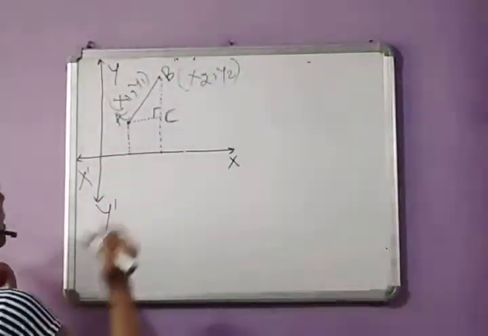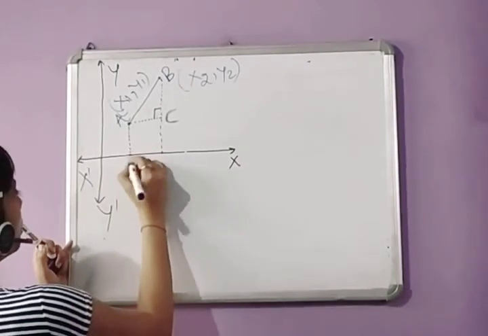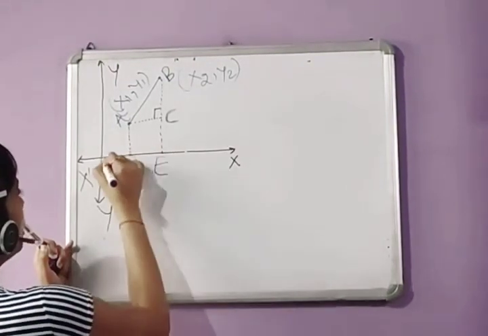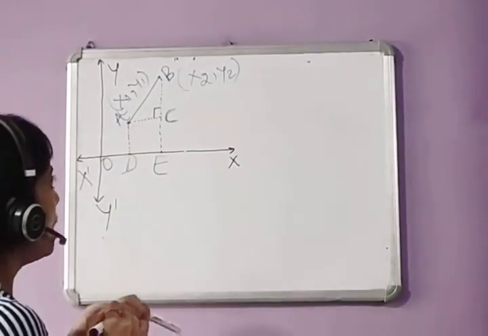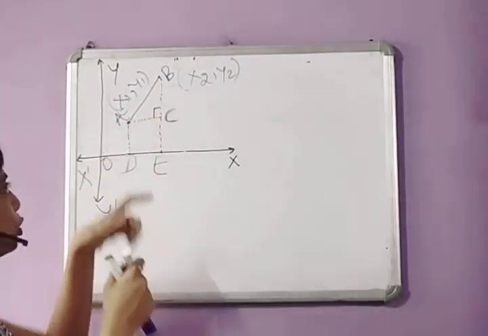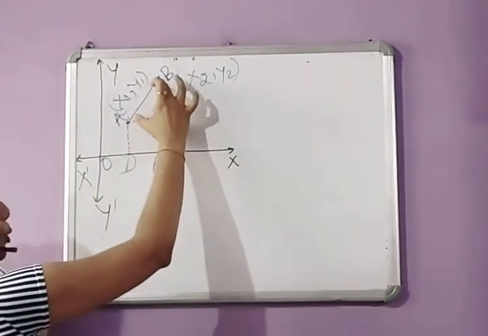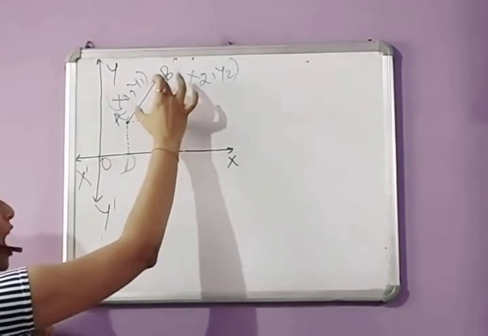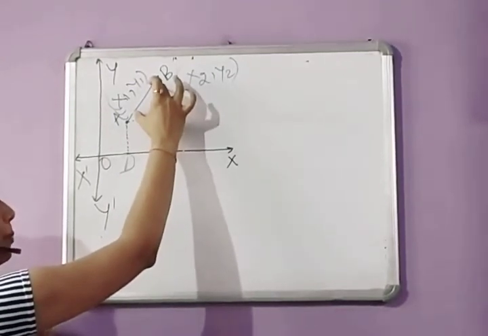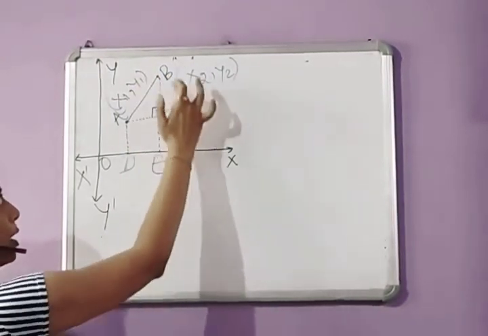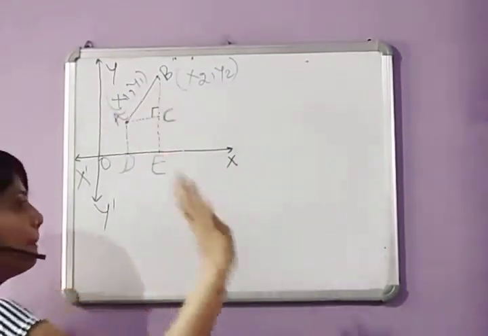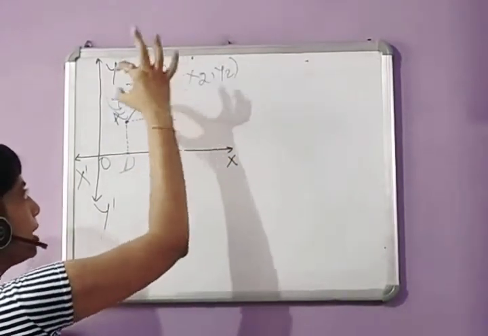I can take this point as B, this is E and this is O. So I need to calculate this hypotenuse AB. How can I find this AB? By applying the Pythagoras theorem in triangle ABC. But I don't know BC and AC.